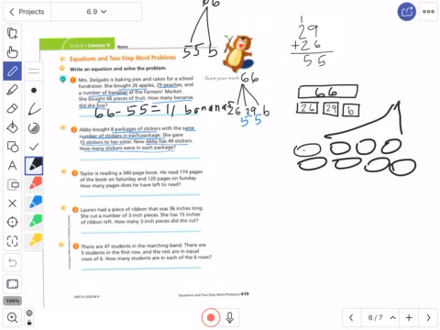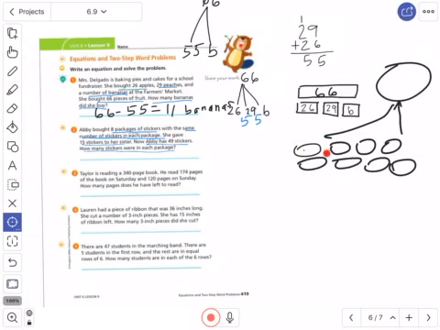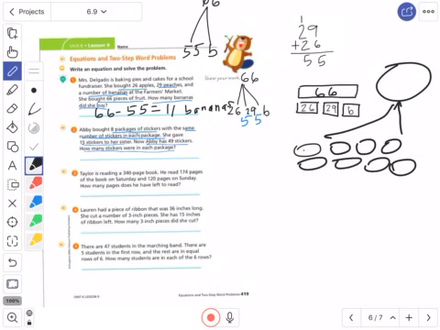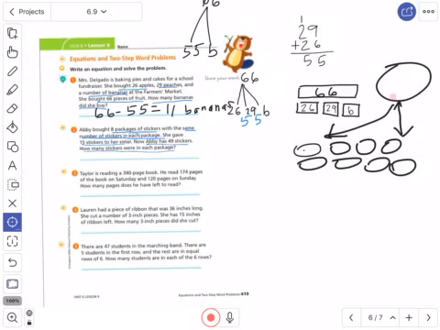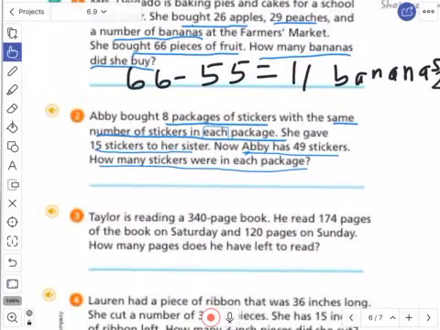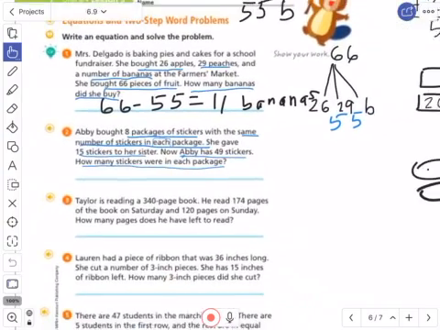I'm going to be taking a total here and dividing them out, so I can even draw some down arrows like this. But I don't know what my total is though. Because it says she gave 15 stickers to her sister. Now she has 49. Well, I don't know how many.